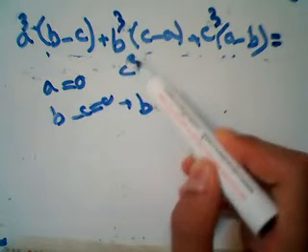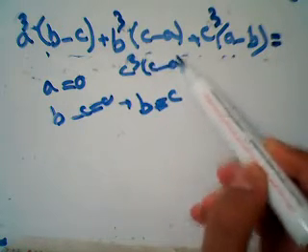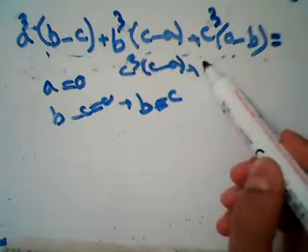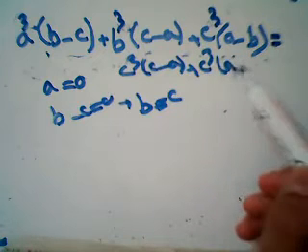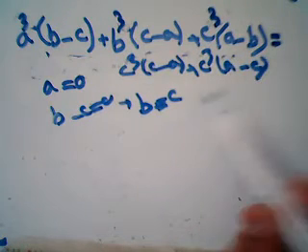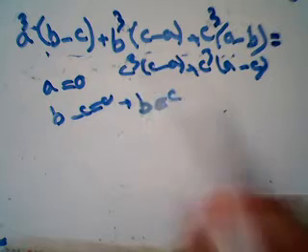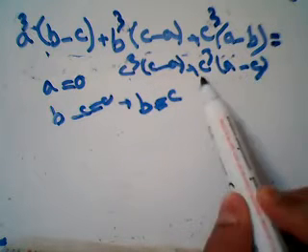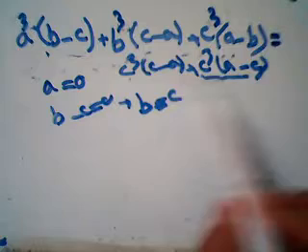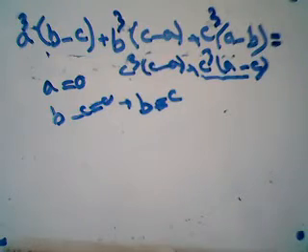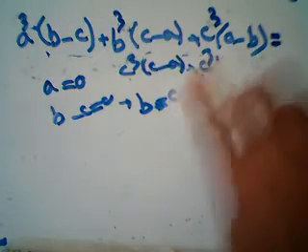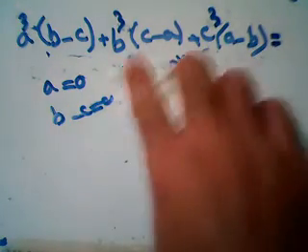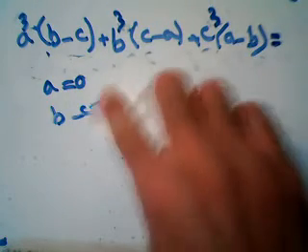This would be c cubed, c minus a, plus c cubed, a minus c. Again here c cubed, this is c minus a, this is a minus c. This is the negative of this, so this is 0. Then b minus c is a factor of this.